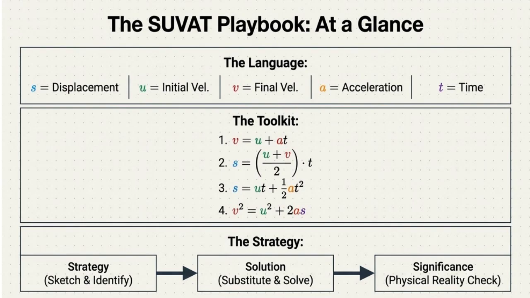Finally, the strategy emphasizes a step-by-step approach. First, sketch the scenario and identify what you know and what you need to find. Next, substitute the values into the right equation and solve. And lastly, check the solution against physical reality to make sure it makes sense. Keeping this approach in mind helps simplify complex motion problems and ensure accuracy throughout.